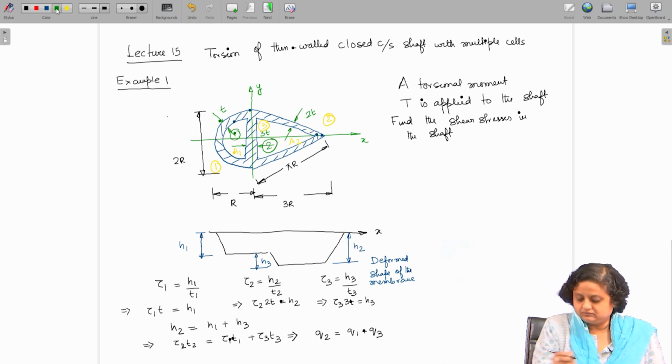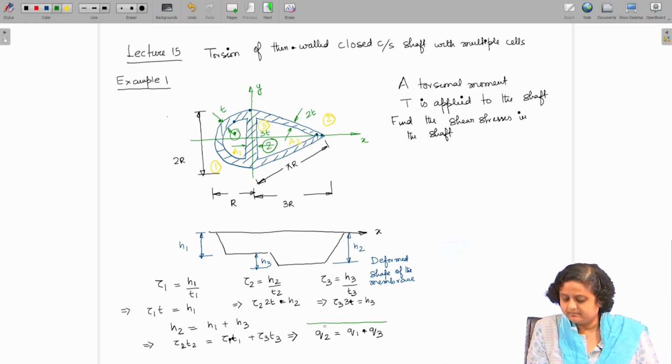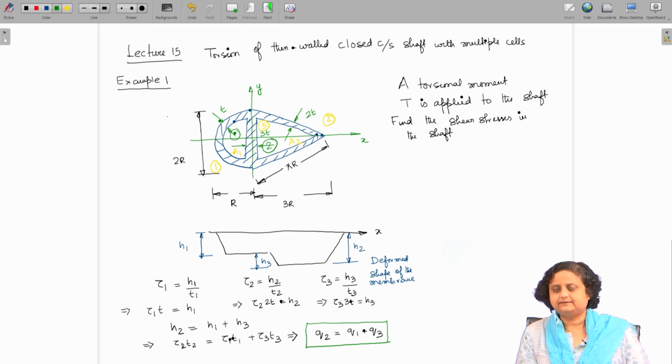So, from the geometry of the deformed membrane, we get the relation Q2 is equal to Q1 plus Q3. That is one expression that we get.